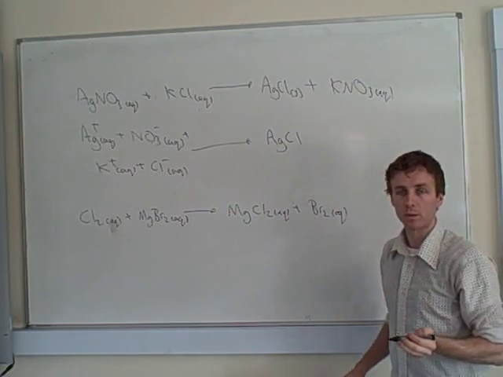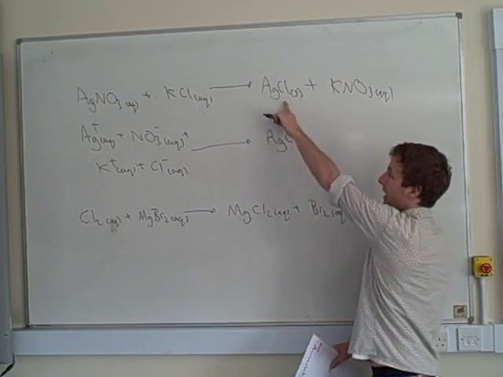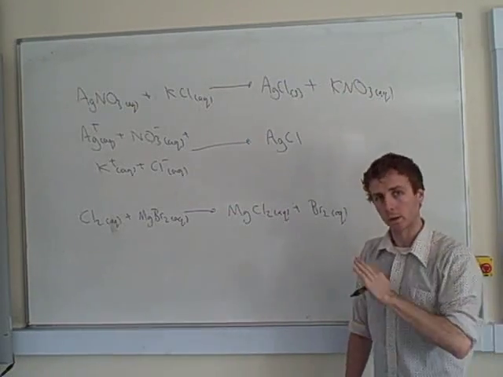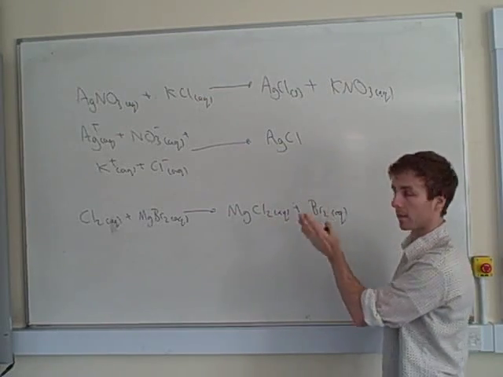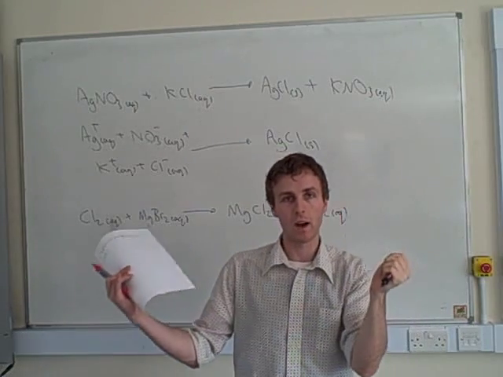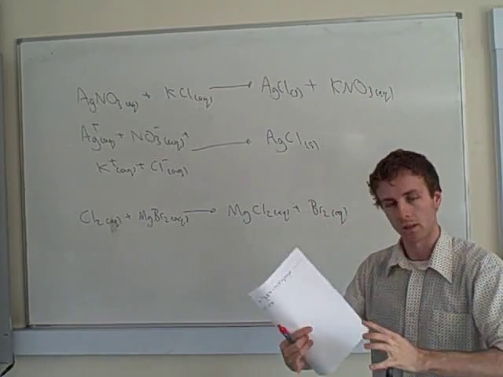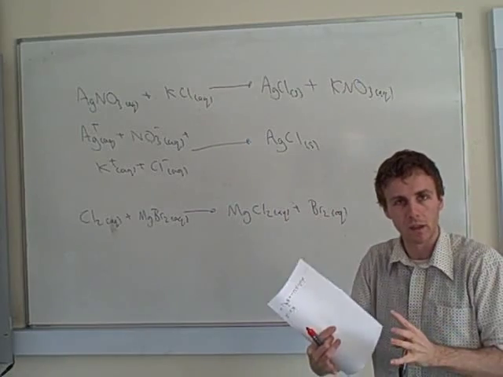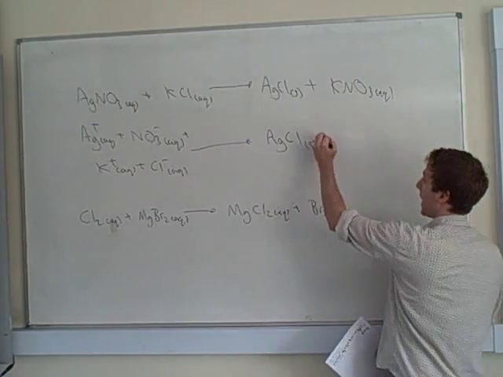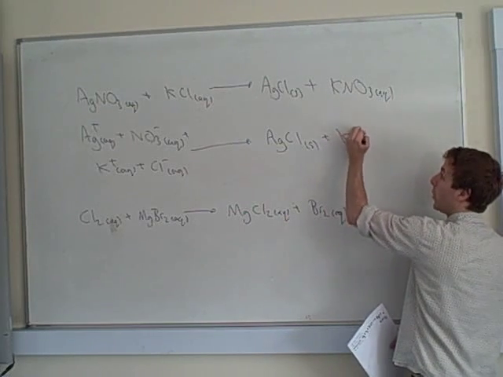The reason I'm going to do that is because this is not an aqueous ionic compound. This is a solid ionic compound, so I don't break it apart. I need to keep it the same. Only aqueous things will break apart into their ions. Solids will stay as a solid, so they stay grouped together. And that's why it's a solid, because it can build up and get bigger and bigger. And this is an aqueous ionic compound, so this will break apart.